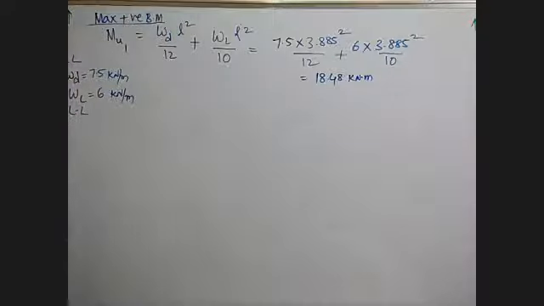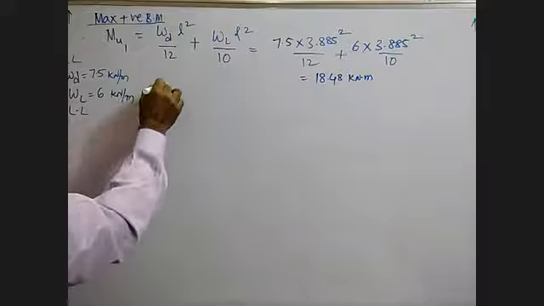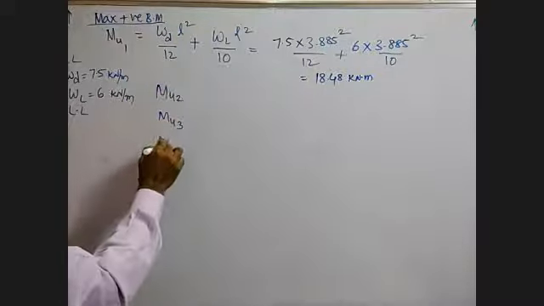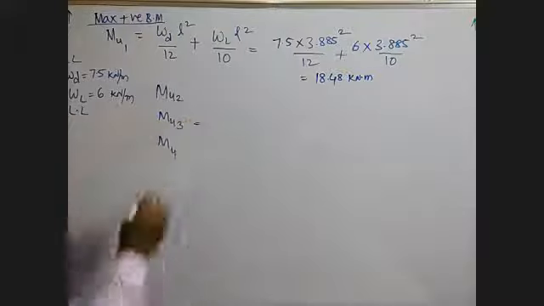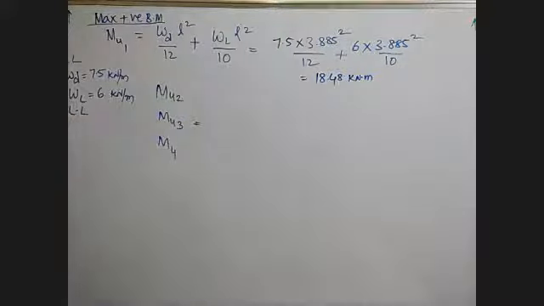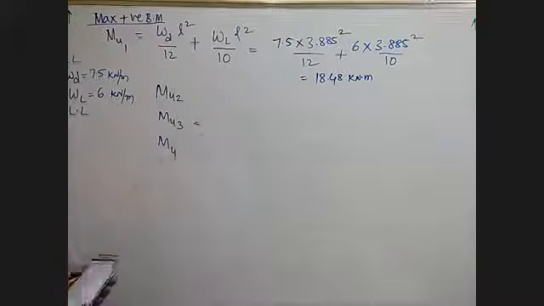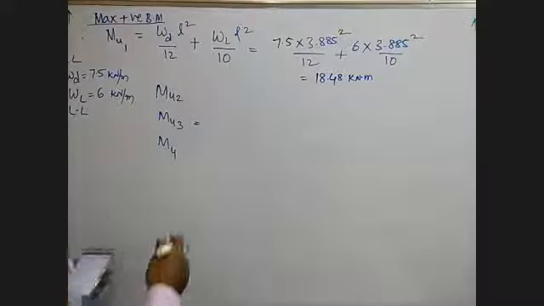The same way you have to calculate MU2, MU3 and MU4. Now I'll calculate the MU3 value. MU3 is a negative bending moment. MU3 and MU4 are the negative bending moments. MU1 and MU2 are the positive bending moments.